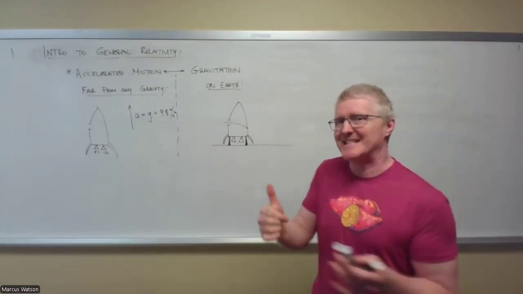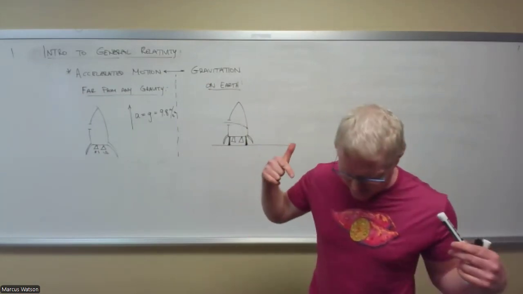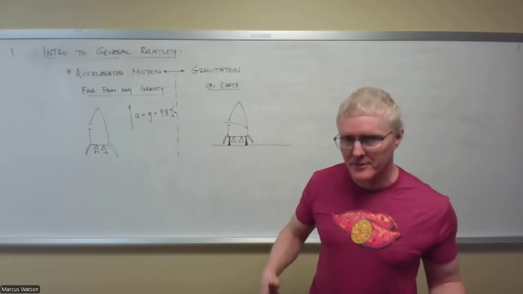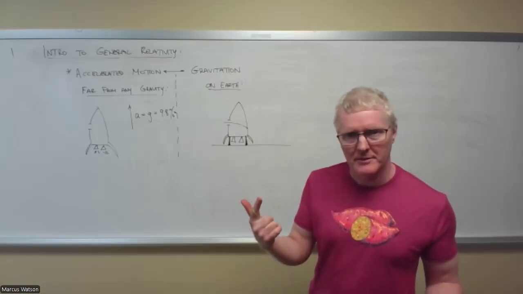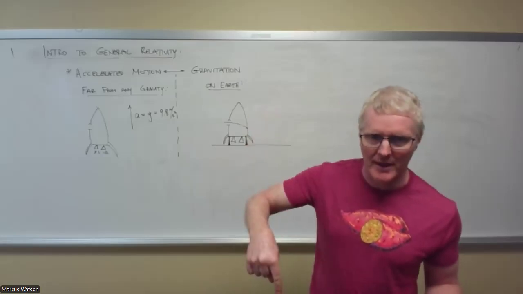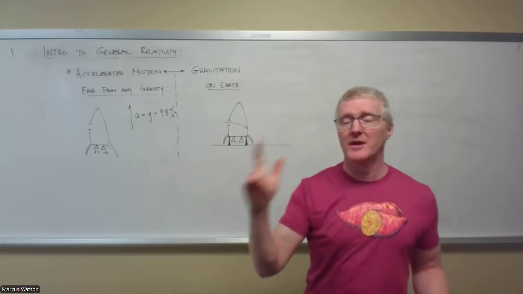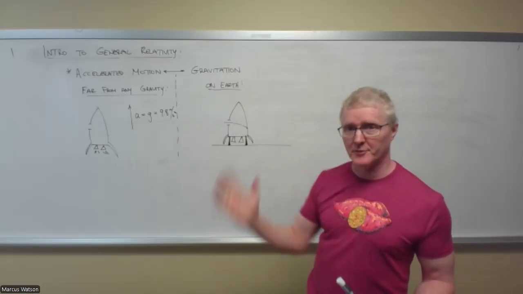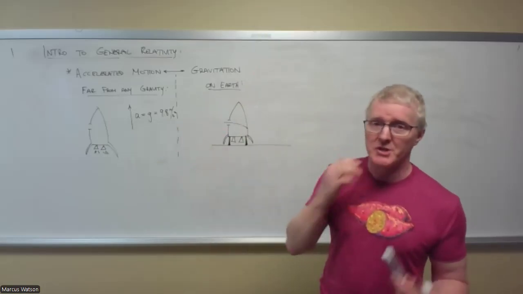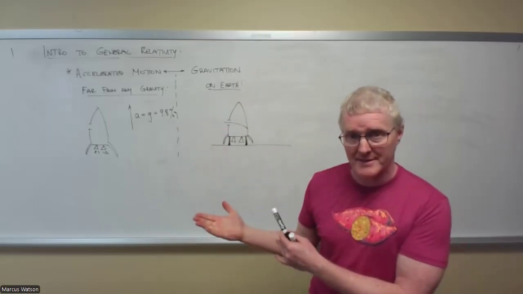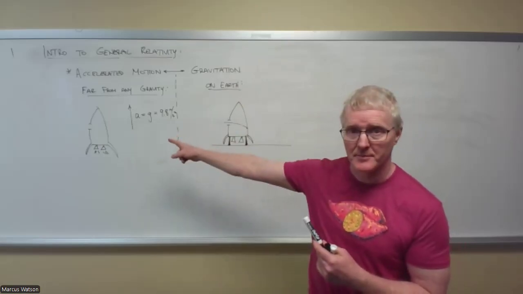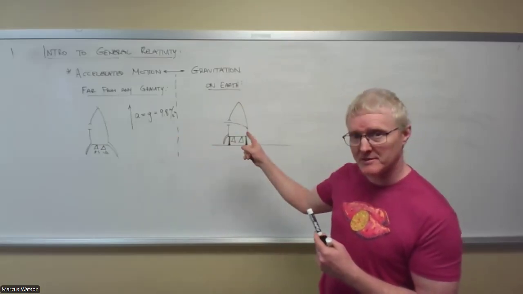Which is essentially the exact same situation as if I was standing here on Earth. The floor is pushing me up. I push on the floor that way because I dent the floor, but the floor pushes me upwards, and so that's exactly what's happening here. The floor on the rocket is pushing us upwards. So we feel our normal Earth weights in this situation, just like in this situation.